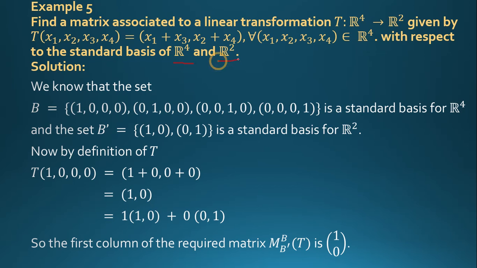Standard basis for R4: first component 1 remaining 0, second component 1 remaining 0, third component 1 remaining 0, and last component 1 remaining are 0. And standard basis for R2: first component 1 and second 0, and first component 0 and second 1.